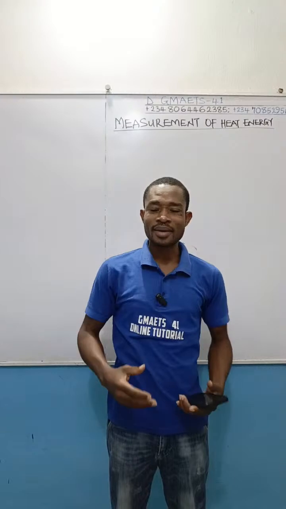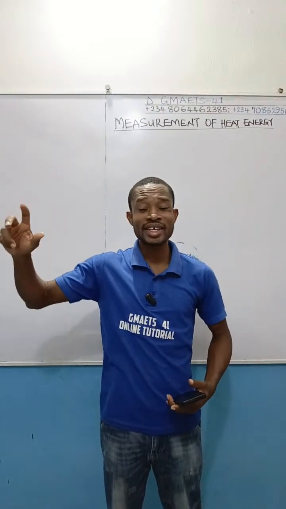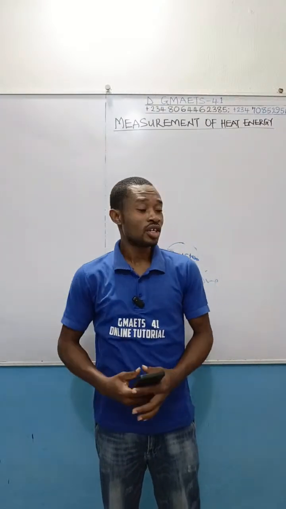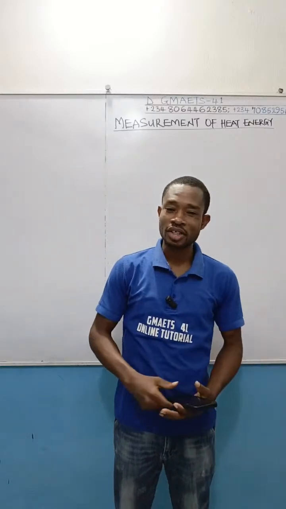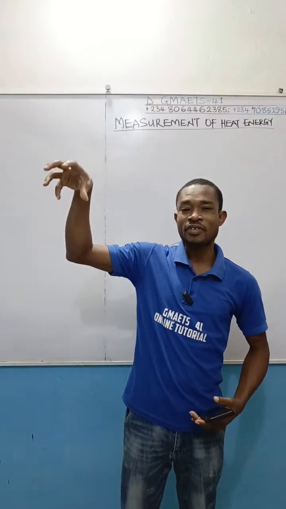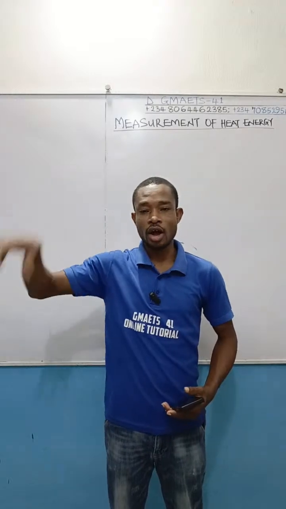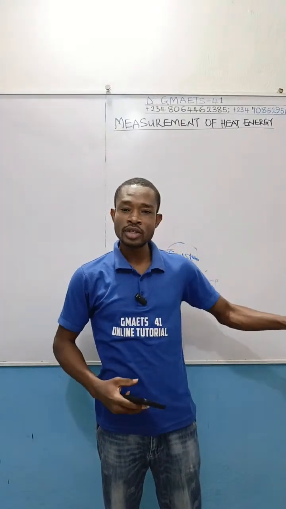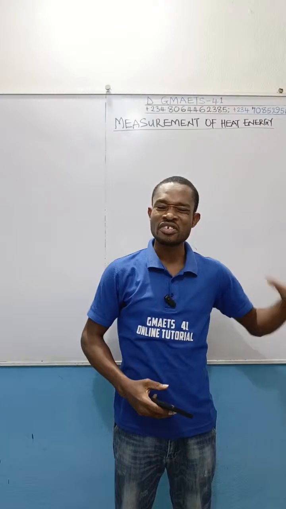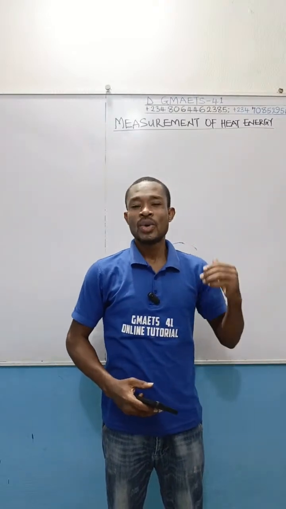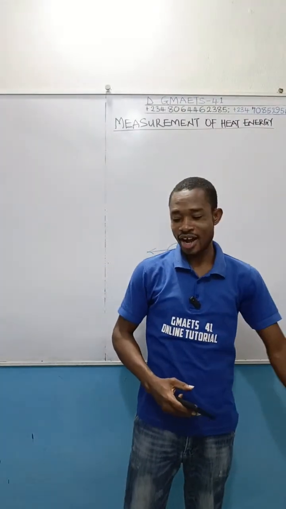Therefore, at this point of higher temperature, heat is being lost. And where it is flowing to, the region of lower temperature, we can say that heat is being gained at that point.